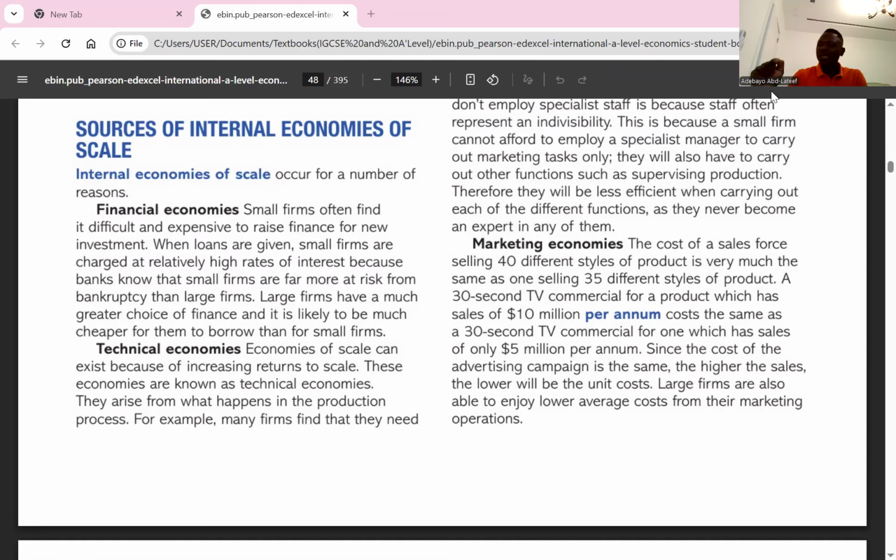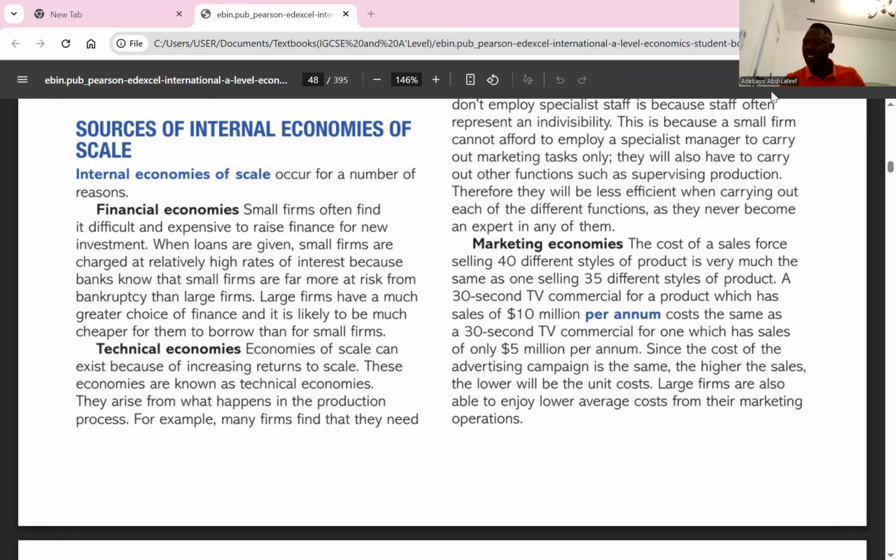These are factors that you can control, in terms of maybe your raw materials and the number of employees you have. Whatever way you are able to expand your production that brings about a reduction in your average cost of production is called internal economies of scale.